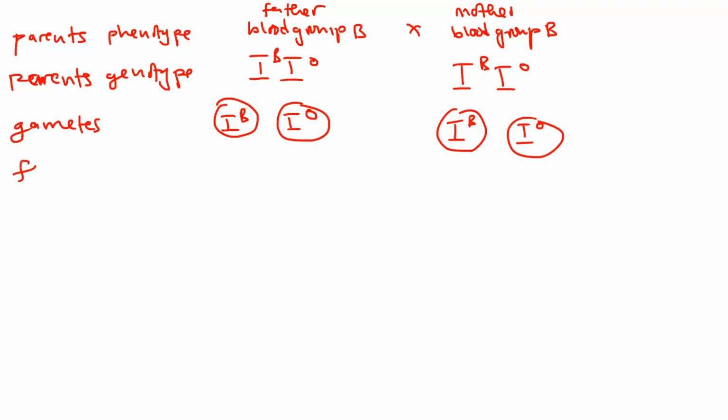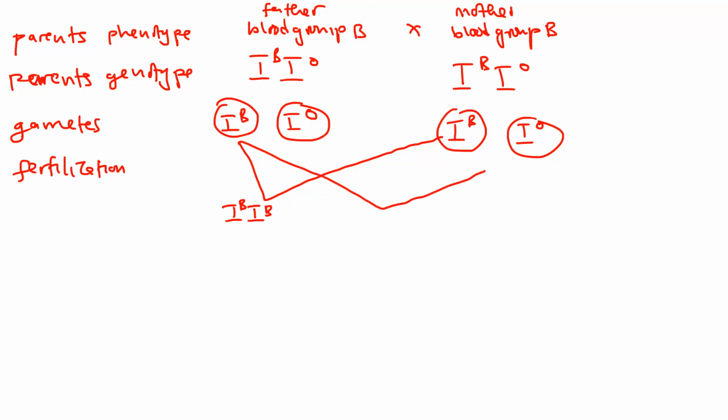So now here, when fertilization occurs, what are the possible offspring? This with that, we are going to have blood group B. Then this with that, we are going to have blood group B still, but heterozygous.